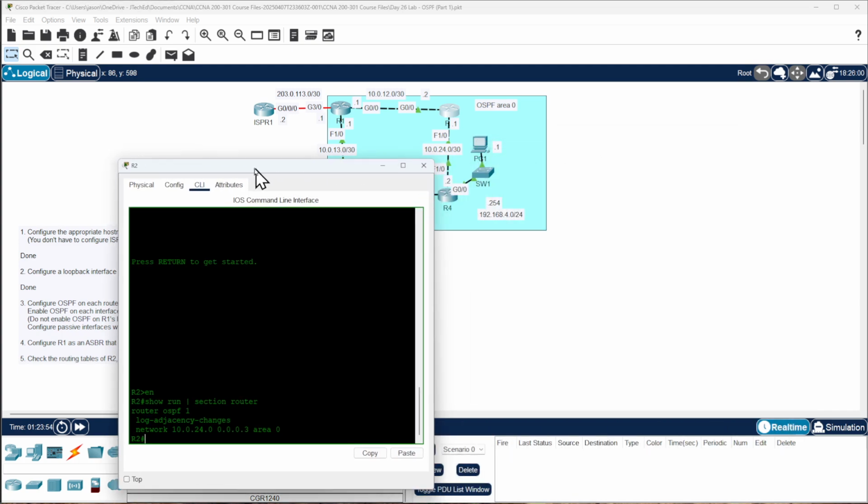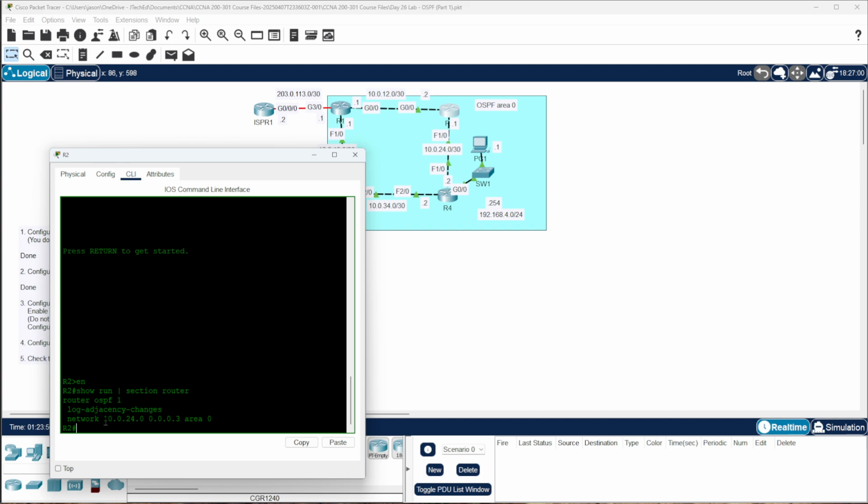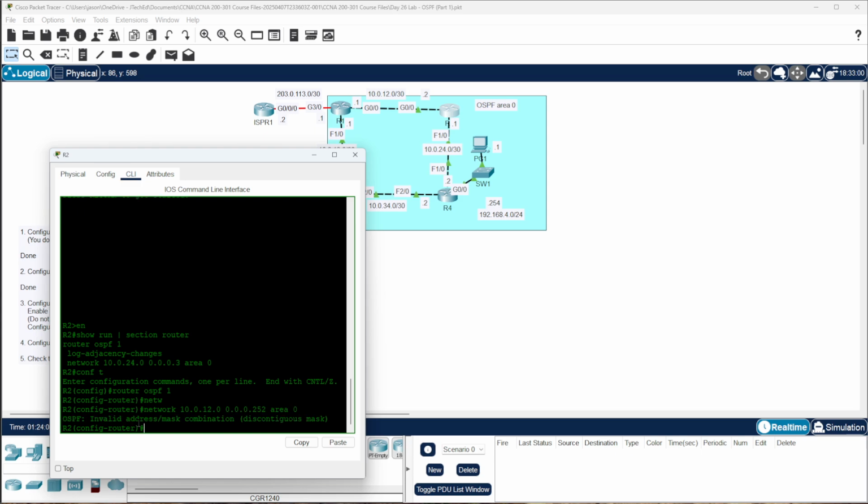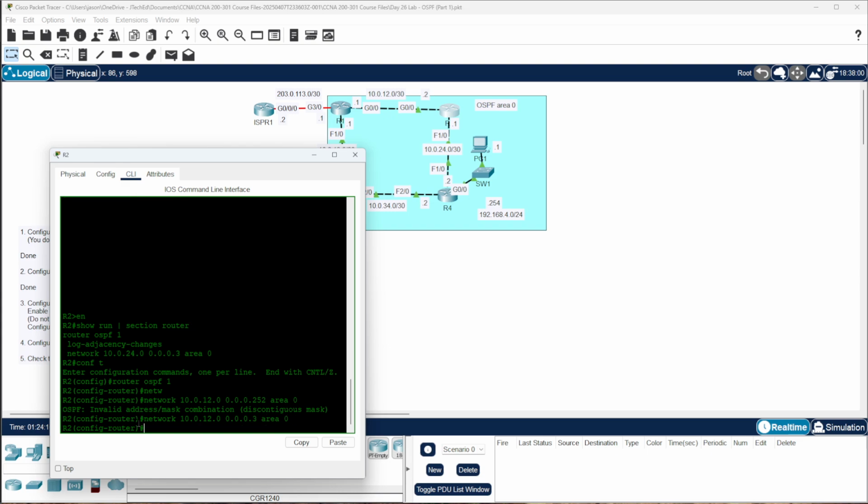So we've got 10.0.24, so our OSPF1 network 10.0.12.0 0.0.0.252 area 0. Invalid. Nope. That's the 3 there. That's what we need.